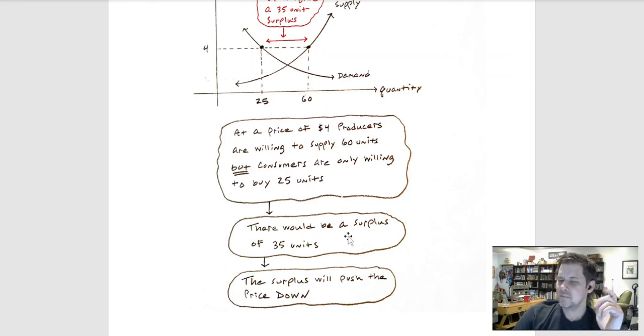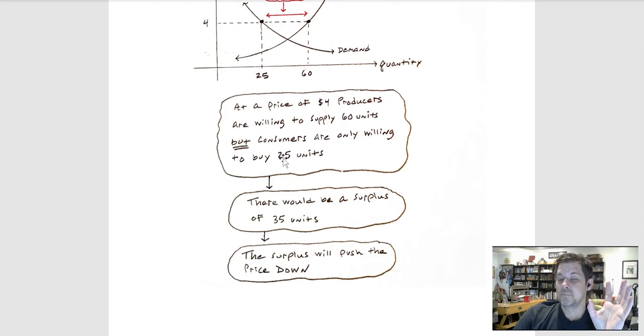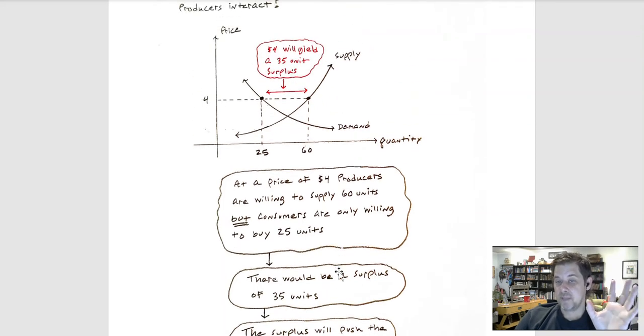So the surplus is there, and then what do surpluses do? If there's unsold items on the marketplace, unsold inventory, it tends to push the price down. So look at it like this.